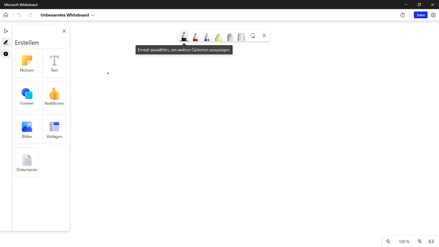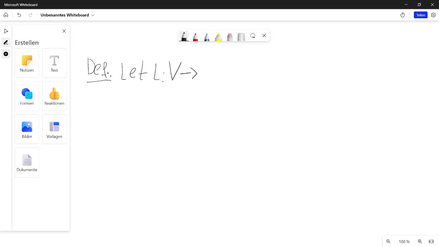Definition. Let L be a linear map, and we recall that V and W are just our K vector spaces as always.